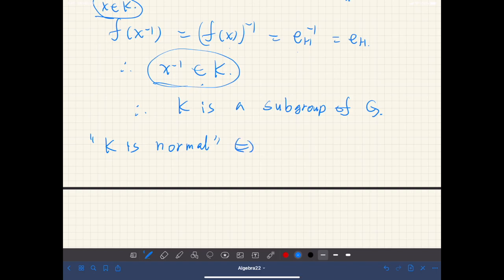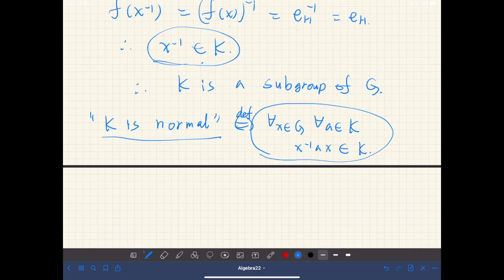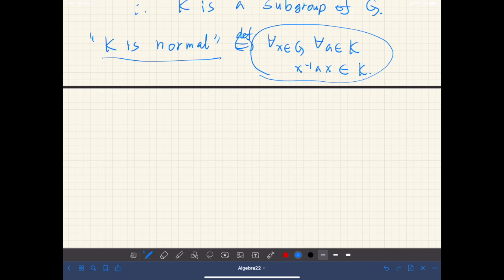That means, by definition, for all elements x in G and for all elements a in K, we have x inverse a x is an element of K. If we can show this, then we prove that K is a normal subgroup. Okay, so that's what we do.